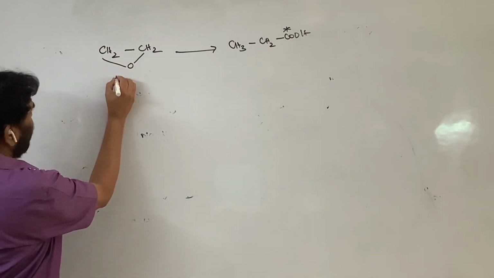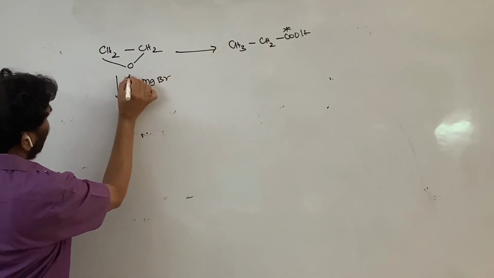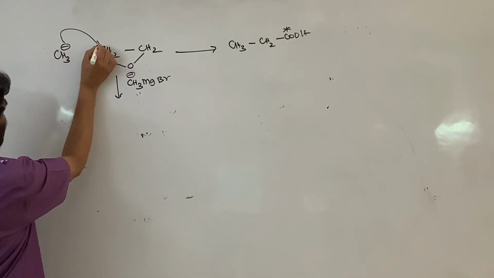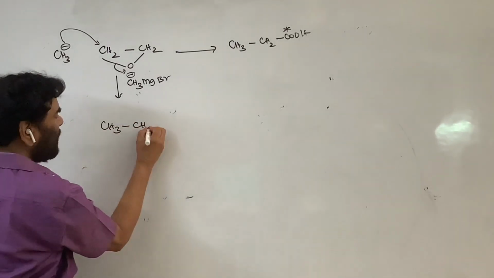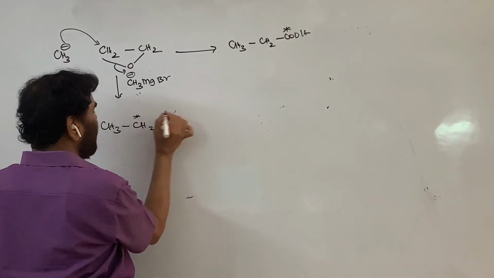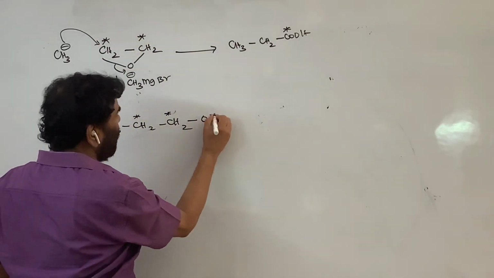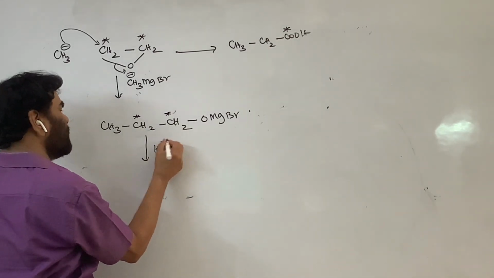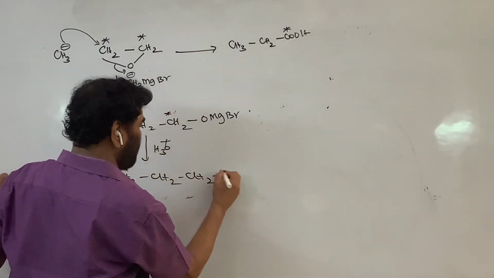If it is treated with methyl magnesium bromide, where methyl carbanion is the attacking species, the carbon atoms of the ethylene oxide, these two carbon atoms, give the OMgBr product. So after hydrolysis, the primary alcohol is formed.